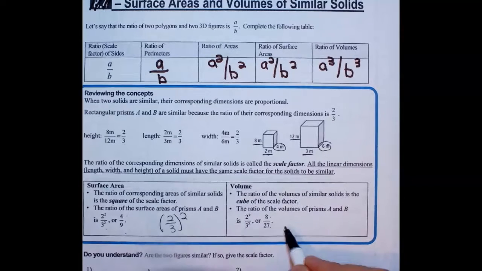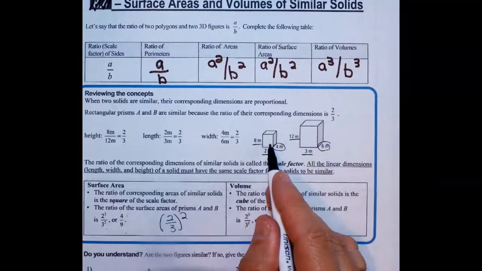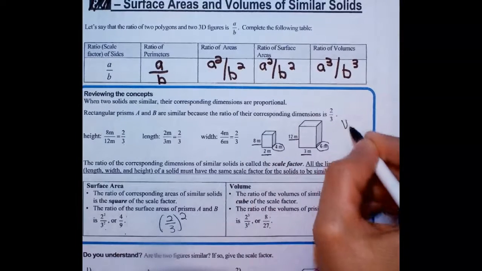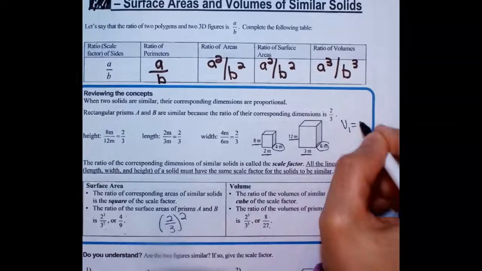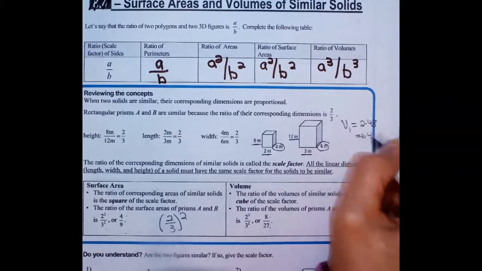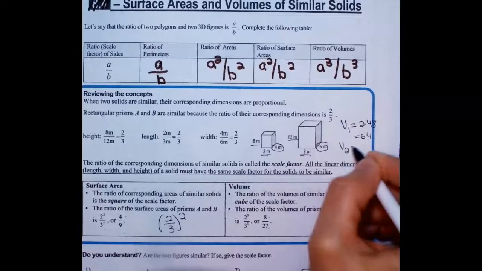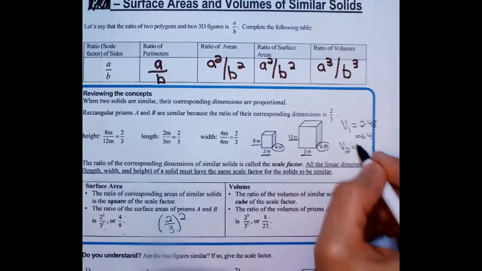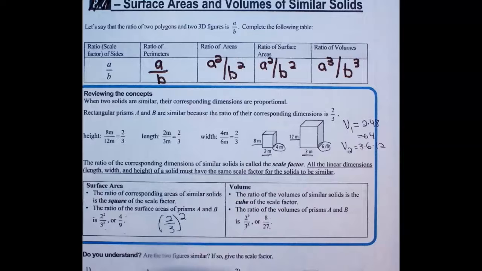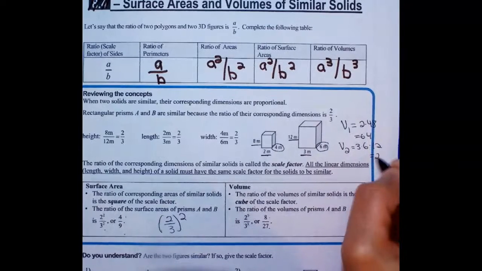And I can quickly show you this one. If you think about the volumes of each of these, let's go ahead and look at the volume of this one. We'll just call it volume 1. It would be 2 times 4 times 8, which is 64. If we look at the volume of the second one, we've got 3 times 6 times 12, which gives us 216.